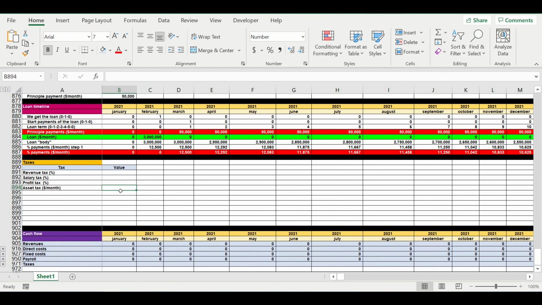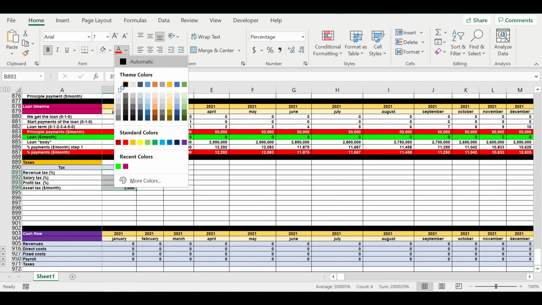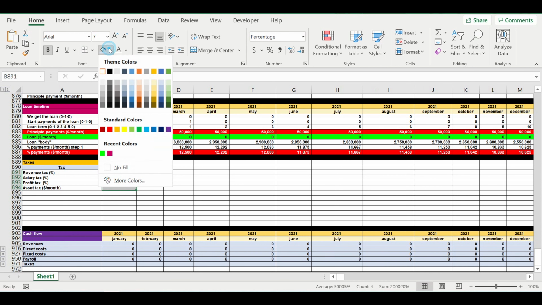So for example, it will be $2,000 a month. Revenue tax will be 3% from revenue, salary tax will be 8% from salary, and for example it will be 9% from profit. These are the inputs, so we will mark them with the specific color of inputs.